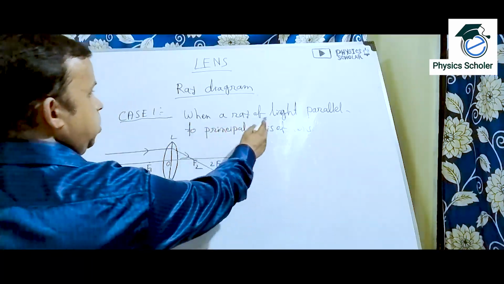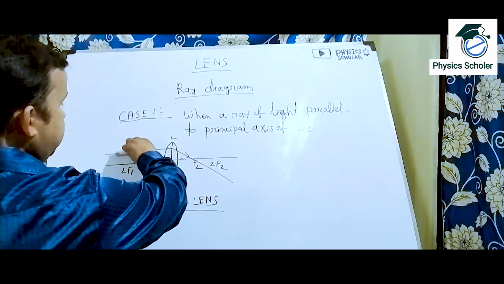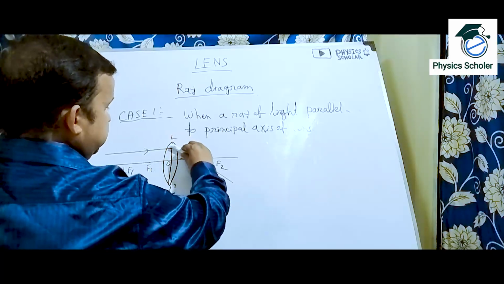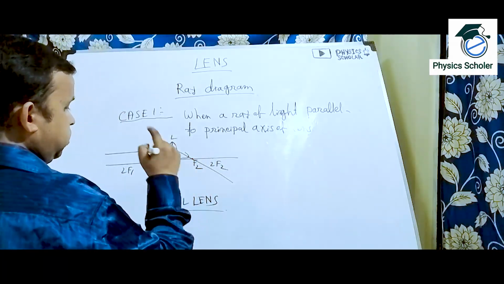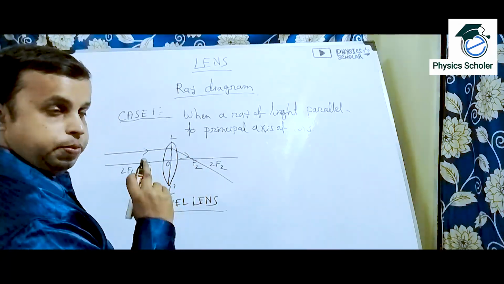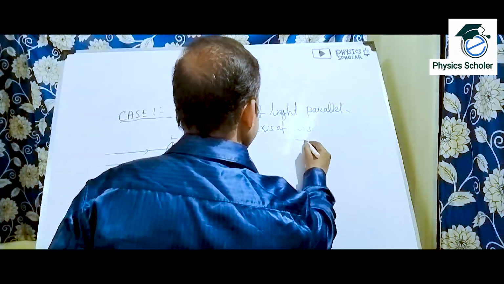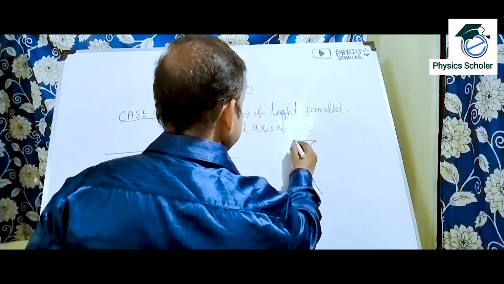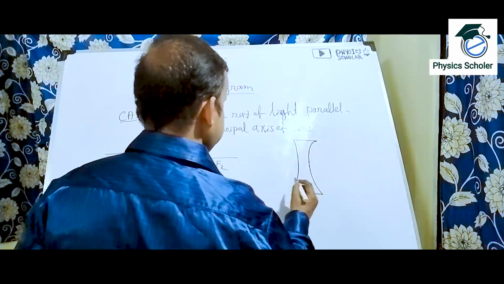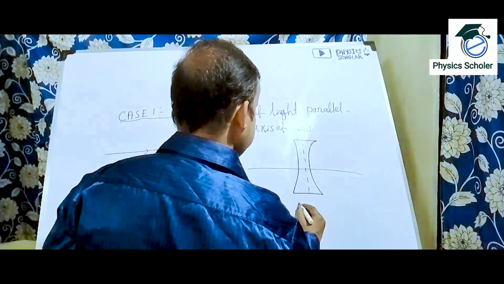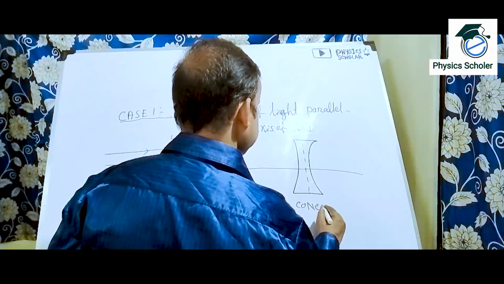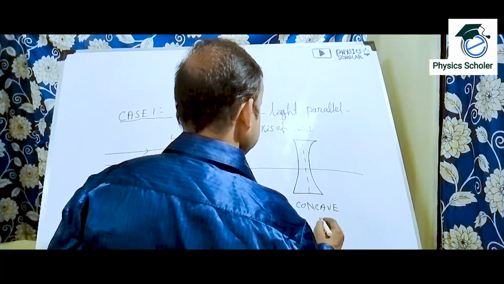And when a ray of light parallel to the principal axis, after getting refracted, passes through the principal focus of that convex lens, as shown in the figure. Now, for this type of ray, it is the concave lens.